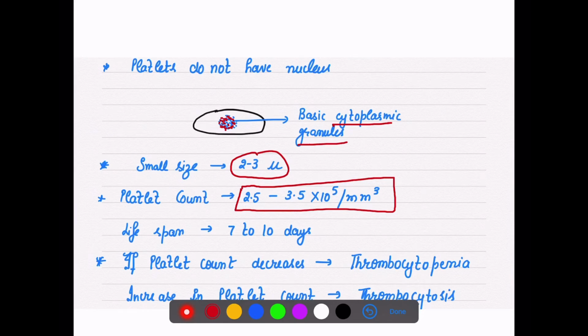Now this unit is creating confusion in many students. They are saying, ma'am, in NCERT they have just mentioned it like 2.5 to 3.5 and a minus 3.